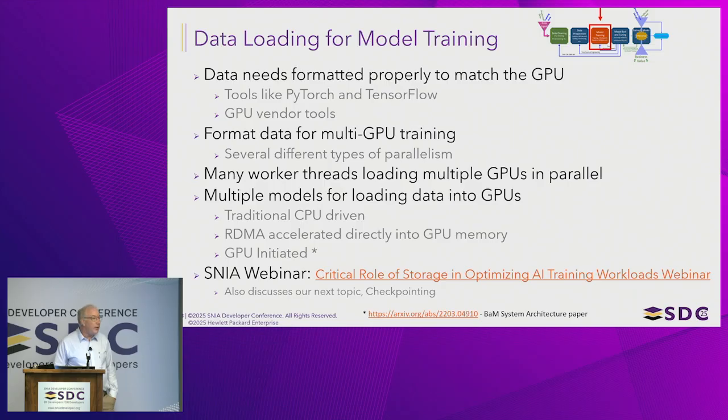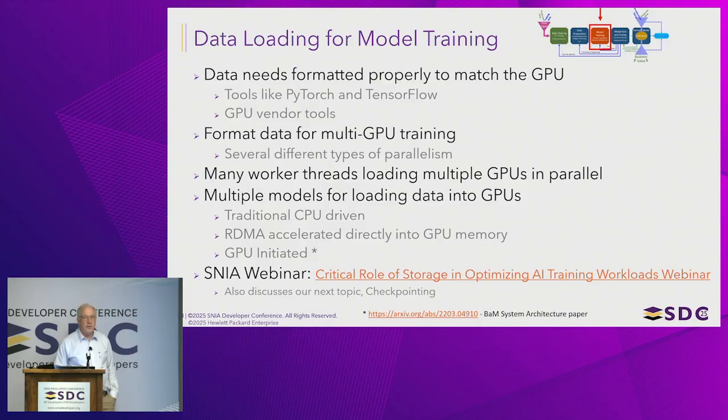And for loading this data into the GPU, there are lots of different processes, and people are inventing new things every day. Originally, it was traditional CPU driven. The CPU reads data into memory and pushes it over into the GPU. It quickly moved into RDMA accelerated, with the data being coordinated by a CPU but being loaded directly into GPU memory over an RDMA link.